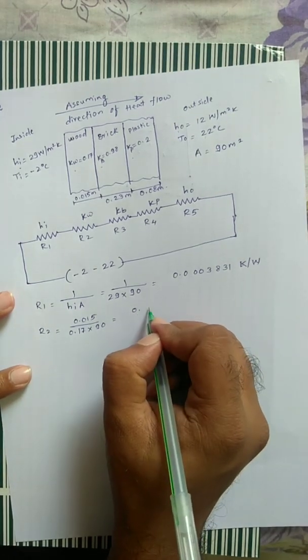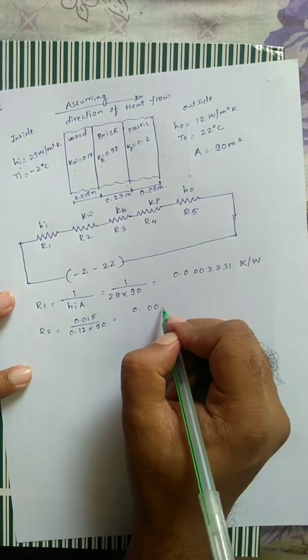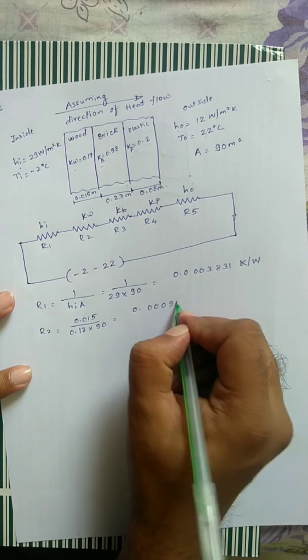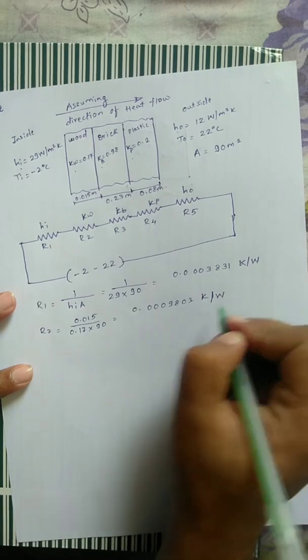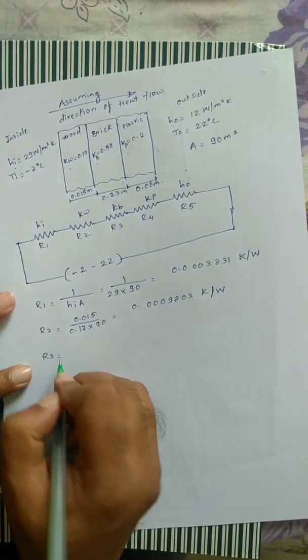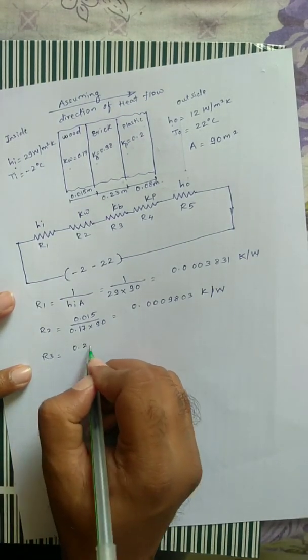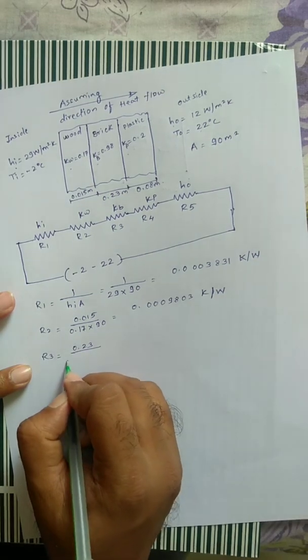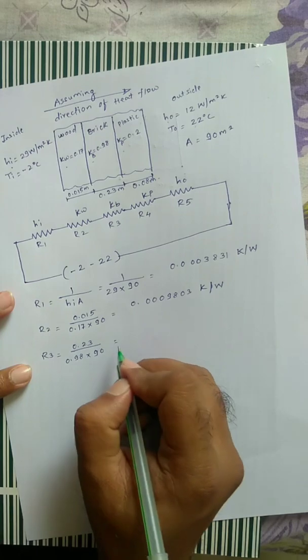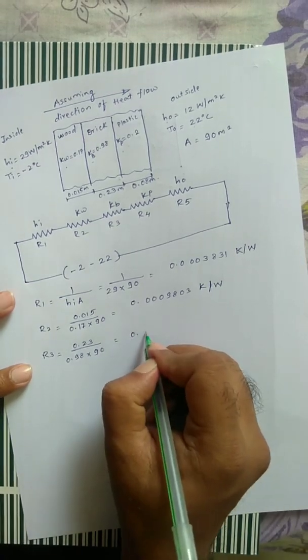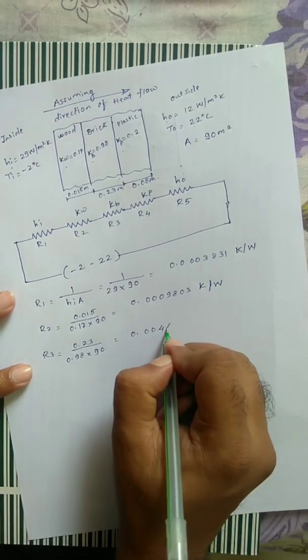So you are going to have the answer as 0.0009803 Kelvin per watt. Similarly R3 will be 0.23 upon 0.98 into 90. Here the answer will be 0.0044.